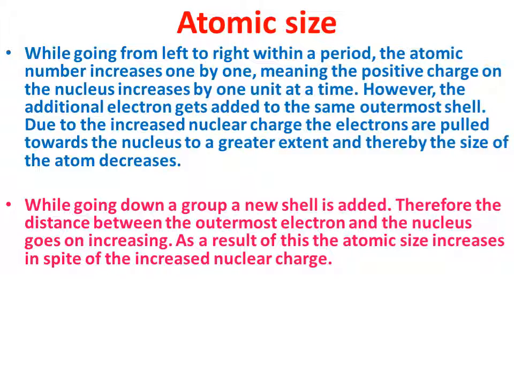And while going down a group, a new shell is added. Therefore, the distance between the outermost electron and the nucleus goes on increasing. As a result of this, atomic size increases in spite of the increased nuclear charge.